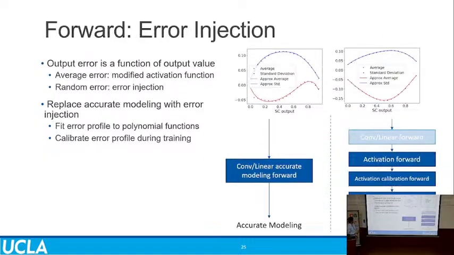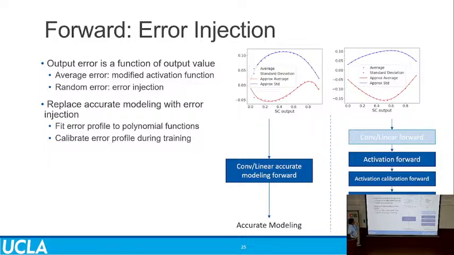The forward pass is a similar issue, right? So in the forward pass, again, we do not want to emulate the approximate arithmetic. So what do we do? We look at the distribution of errors, a mean and a sigma, and the distribution itself.